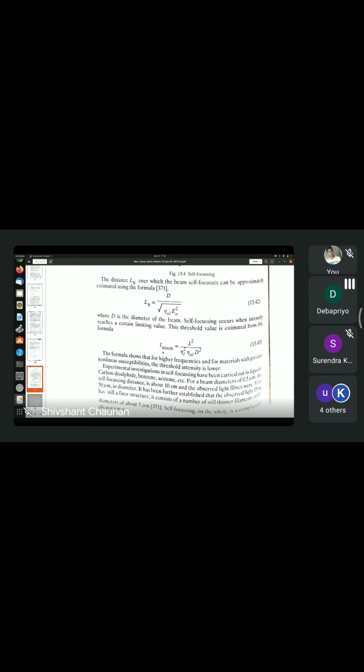So I strongly recommend that book, Contemporary Optics, but please don't bother to go through this book unless you have a very strong interest in optics.